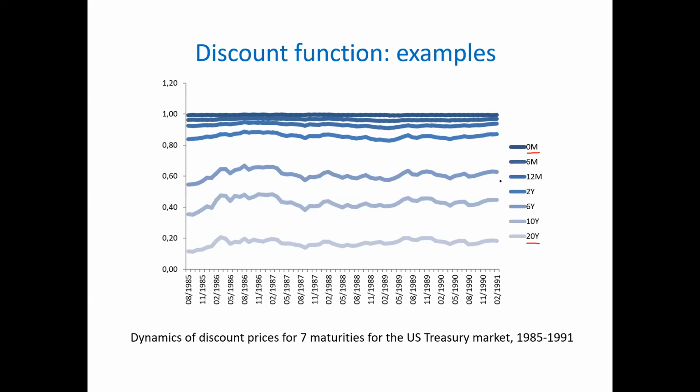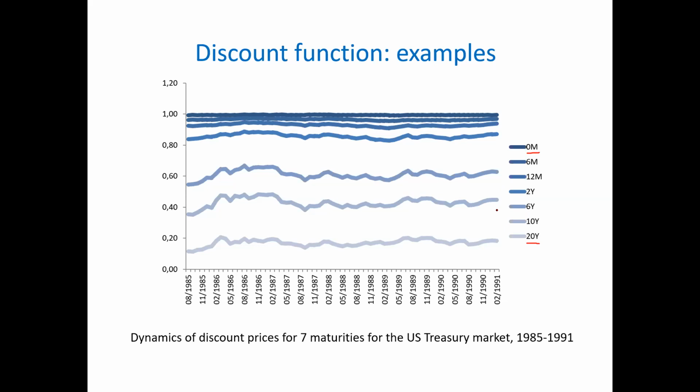But as time to maturity increases, we would probably adjust our expectations about the future more drastically, because each time there appears some information which will influence short-term and long-term periods, right? It will not influence overnight periods, definitely, but it will influence short-term and medium-term periods. Therefore, we will more frequently and more drastically adjust our expectations, and this all results in higher volatility of medium-term discount prices.